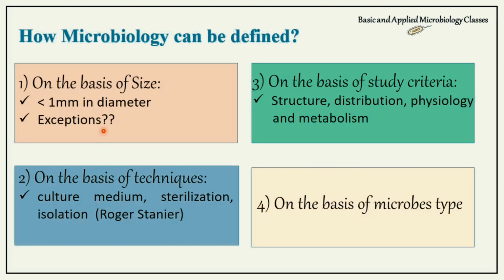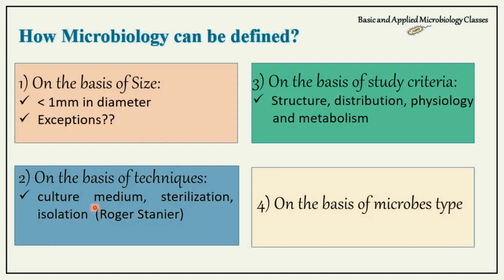Now, on the basis of techniques, according to Roger Stanier, microbiology is a discipline which uses special techniques like culture medium, sterilization techniques, and isolation techniques to study the growth and types of various kinds of microorganisms. Why have I written techniques as a separate criterion? Because culture medium, sterilization, and isolation are only used in microbiology, not in any other discipline.